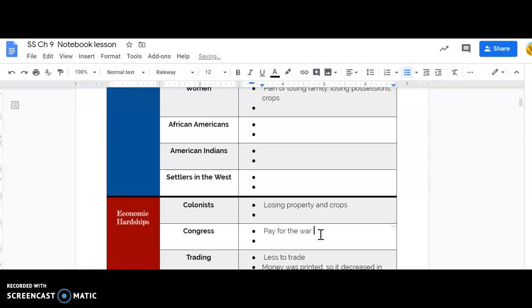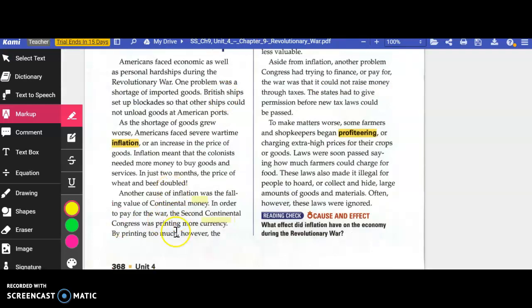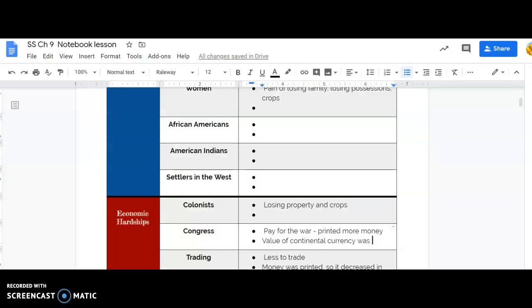To pay for the war, printing more money, and the value of continental currency was diminishing, decreasing, going down. It was falling. That sounds good.